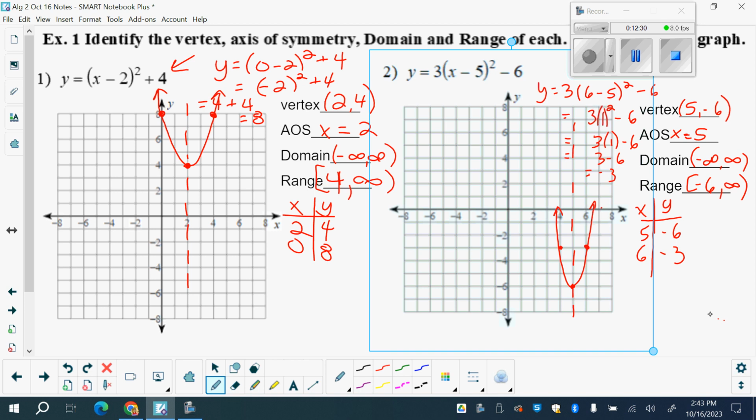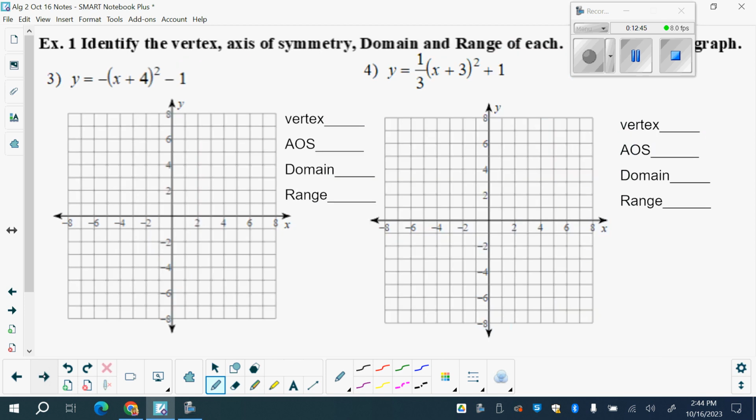Next one. Okay, so looking at that, what's my vertex on this one? Allie, do you know what the vertex is?